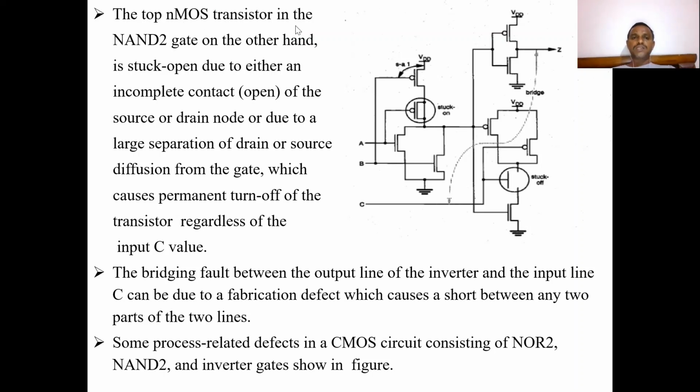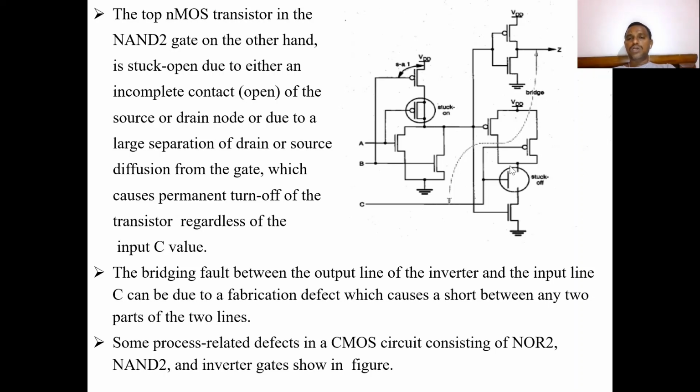The top NMOS transistor in the NAND2 gate, on the other hand, is stuck open due to either an incomplete contact of the source or drain nodes, or due to a large separation of drain or source diffusion from the gate. Because of these reasons, we are getting stuck off. The first one is incomplete contact.